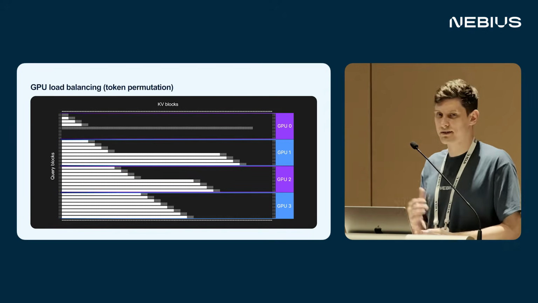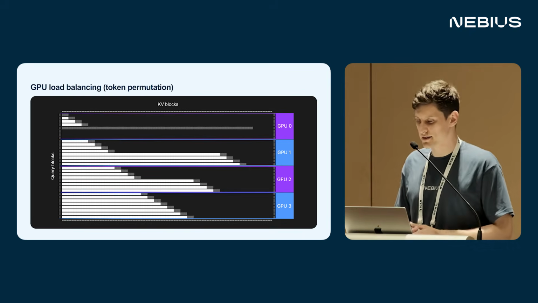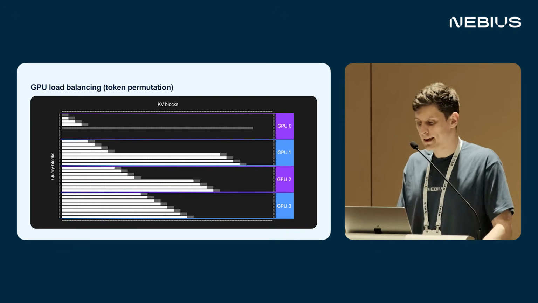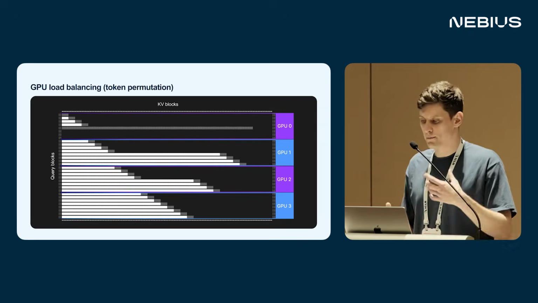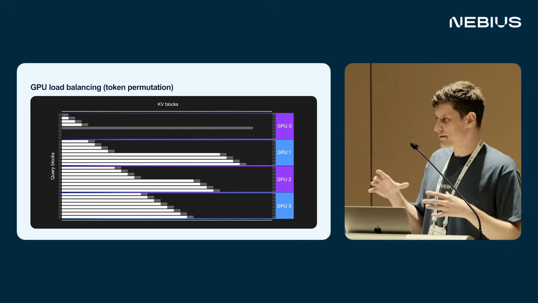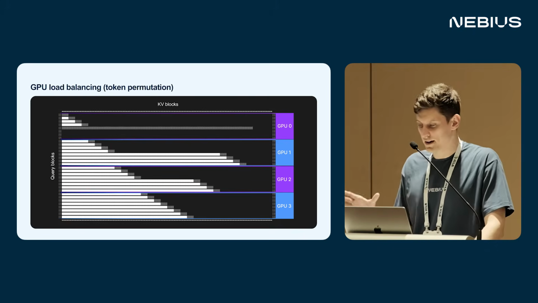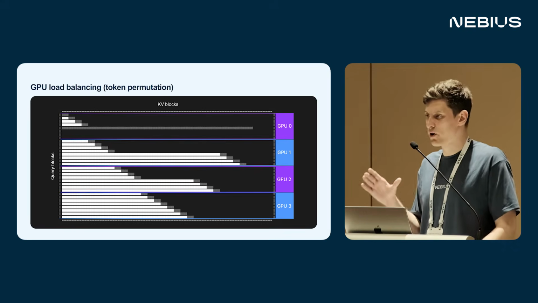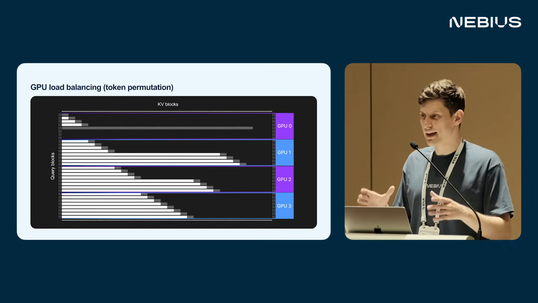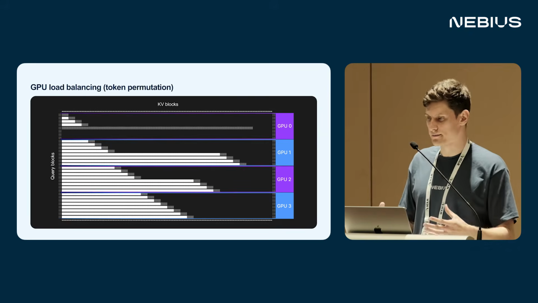And to fix this imbalance, Kvax employs a smart token permutation strategy, again described in the Llama 3.1 training paper. The basic idea is, before processing, you conceptually divide the sequence length into 2 times n parts, where n is the number of GPUs involved in context parallelism, and then cleverly permute the tokens across GPUs.